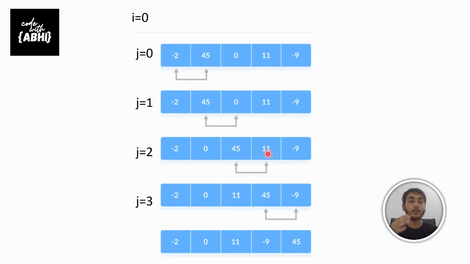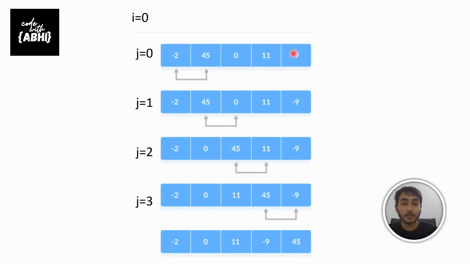So what we do is we compare one element to its adjacent right side element, and if the left side element is larger, we swap their places. At the end of a loop, the largest element gets sorted at the last index of the array.